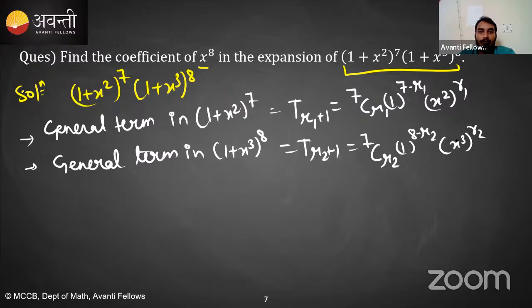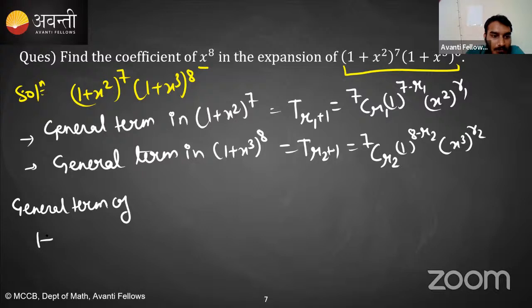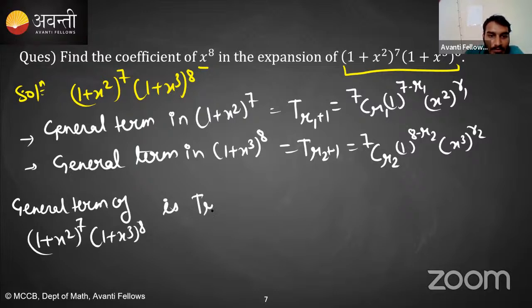Clear? So it means the general term of (1 plus x square) raised to the power 7 into (1 plus x cube) raised to the power 8 is nothing but the general term of the first bracket into the general term of the second bracket. That's all. Is that clear?